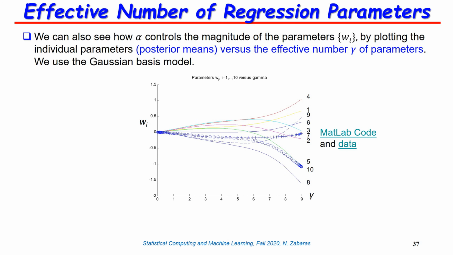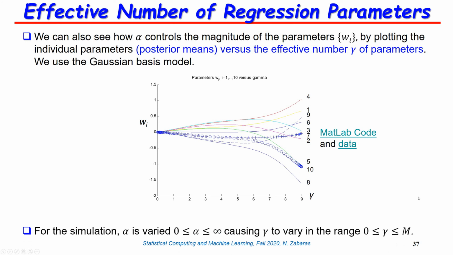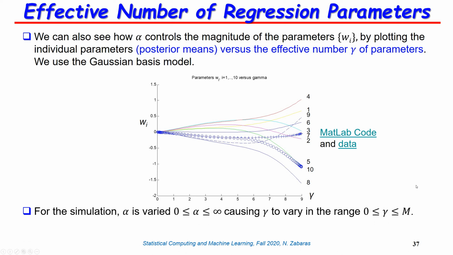Now, here is another plot. In this plot, what we do is vary the parameter alpha from 0 to infinity to cause the number of effective parameters to vary between 0 and m. And then I plot the mean estimates for the parameter w versus gamma. You can see how the effective number of parameters varies between 0 and m as we vary alpha.